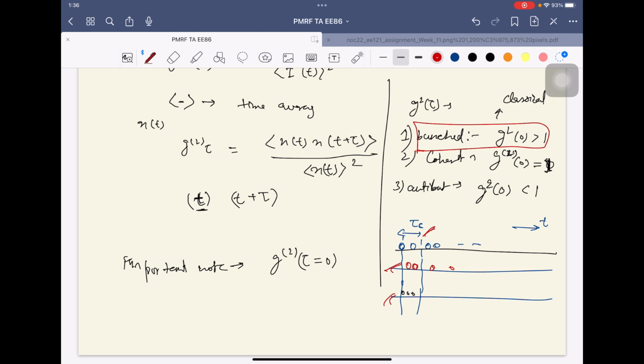If we manage to experimentally detect anti-bunched light, then we must surrender and admit the necessity of the quantum picture, which of course is what actually happened. Sir also talked about the Hanbury Brown and Twiss experiment.